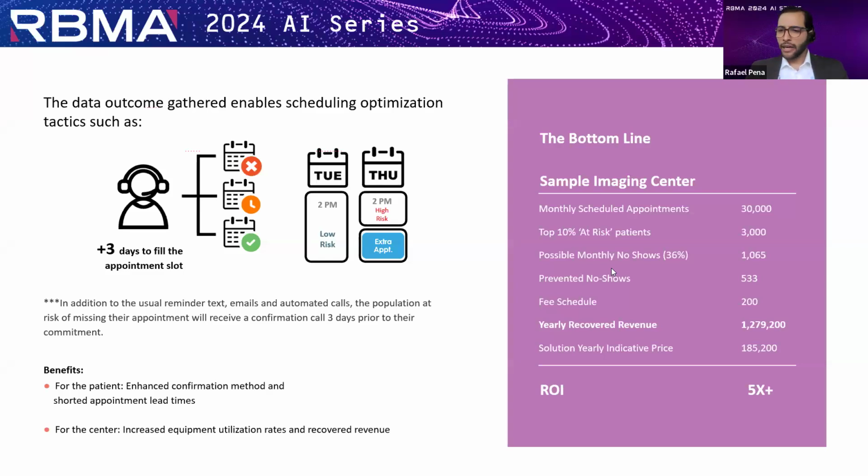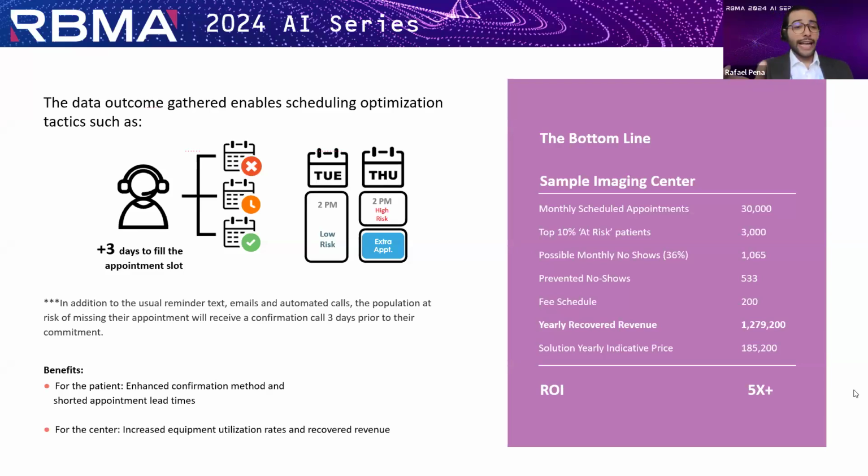And here we have a real quick example. These are completely made up numbers, however, based on the algorithms and some implementations we have seen. And this is an impact on your bottom line from a sample imaging center. Let's say this is an imaging center with 30,000 appointments a month. Your top 10% at-risk patients is 3,000 patients.